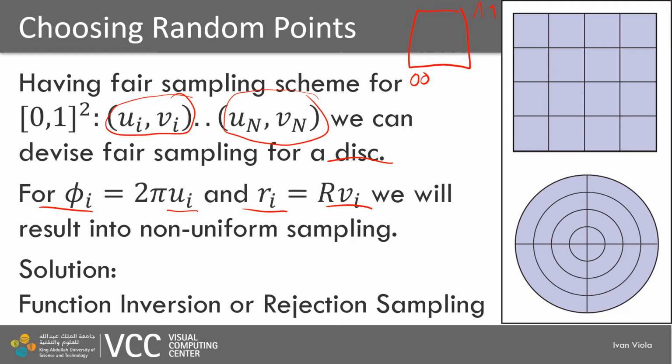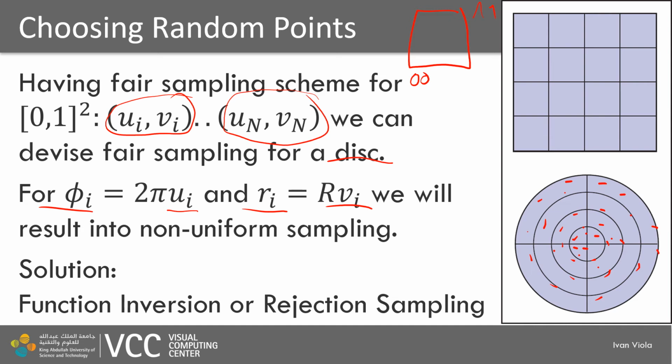Our points will be much more distributed in the center and much less the further away they are from the center of our coordinate system. Therefore, we need to find a different way to calculate the samples in order to sample such a domain as a disk in a uniform way.